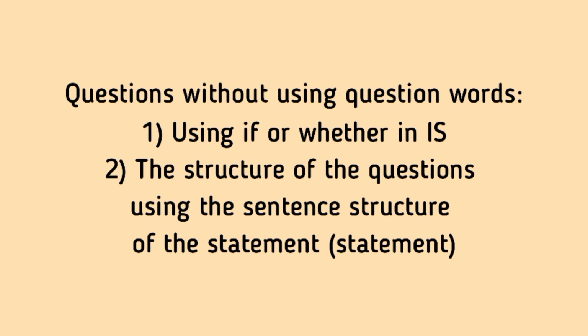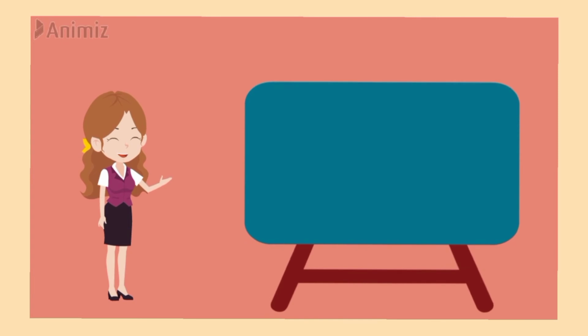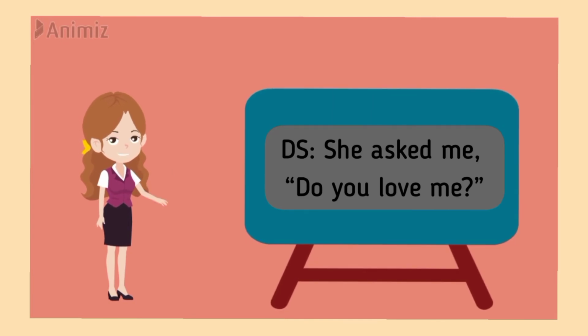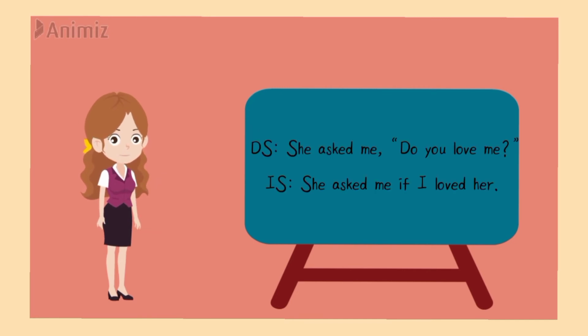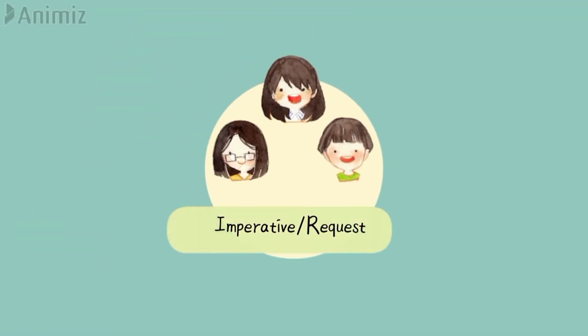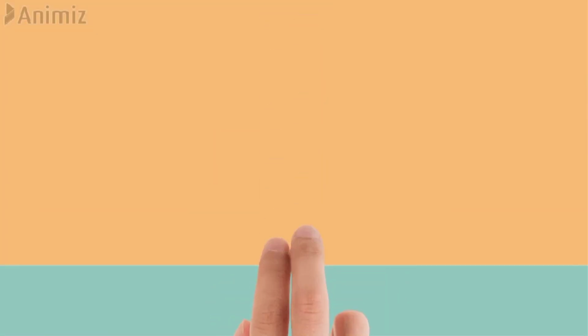For example, okay. She asked me, "Do you love me?" Indirect speech: She asked me if I love her. There is no question word like who, what, when, where, but this is in the sentence using "Do you love me?" Do.